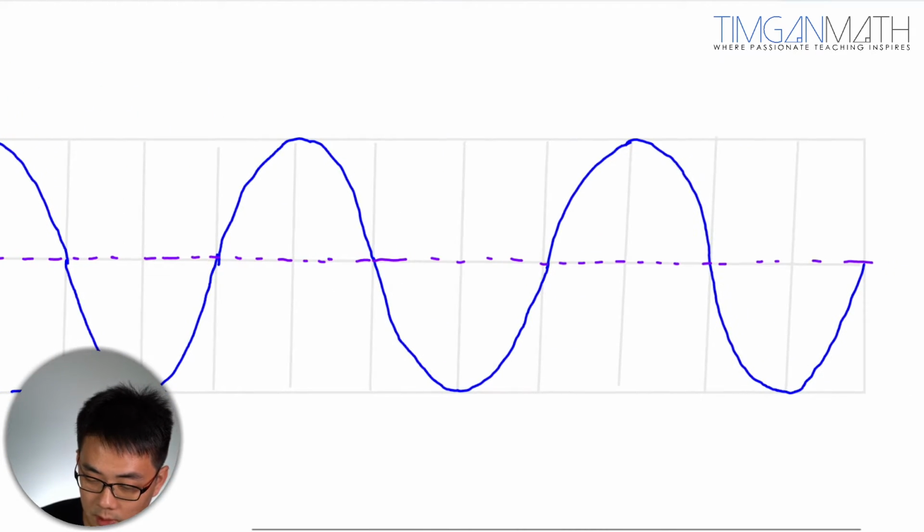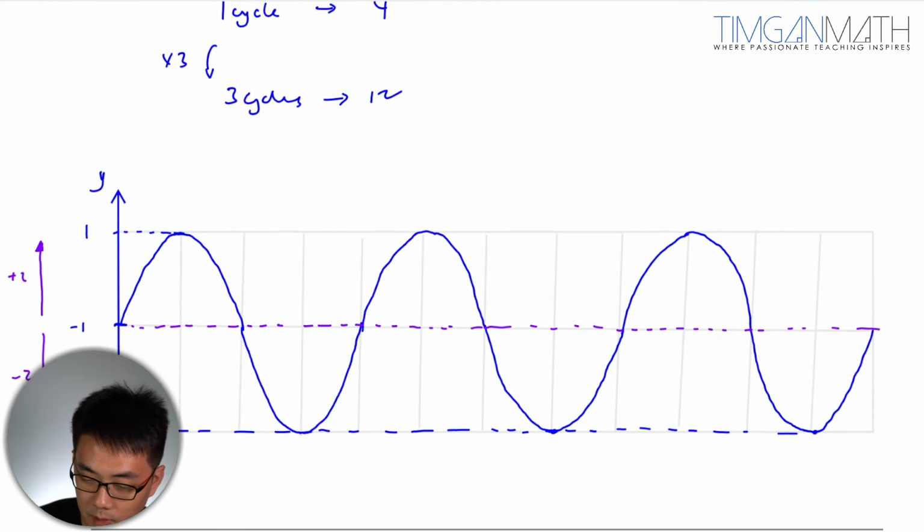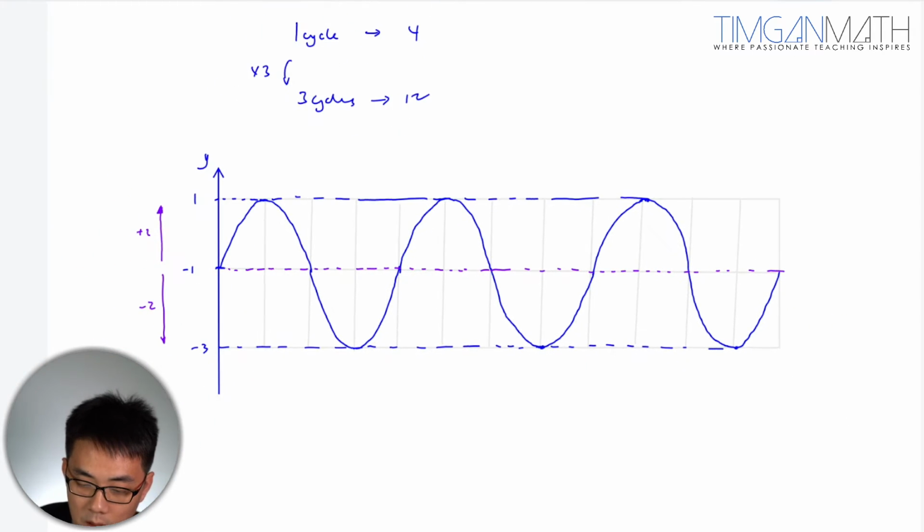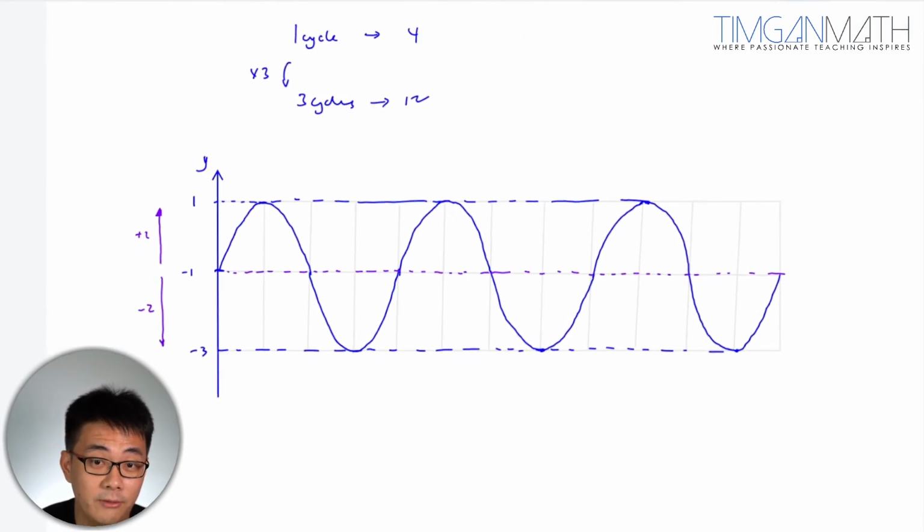There you go, just draw it out. Great. Now, this is where the fun part begins.